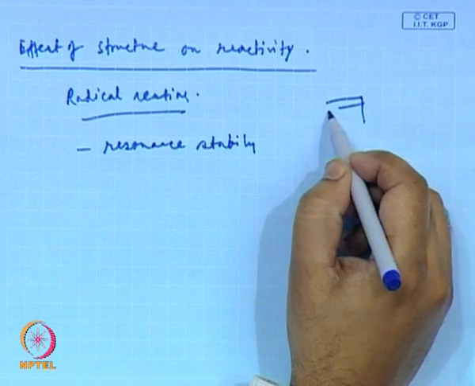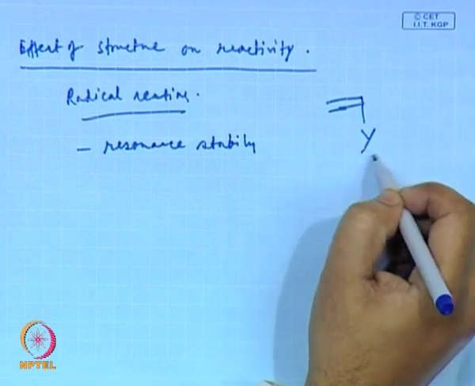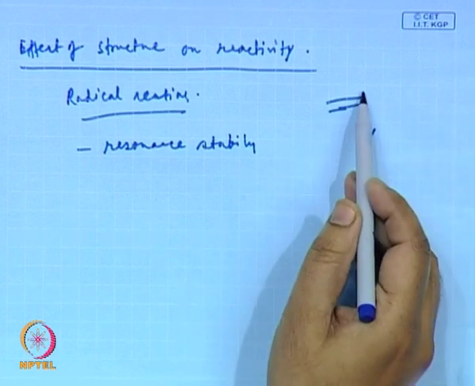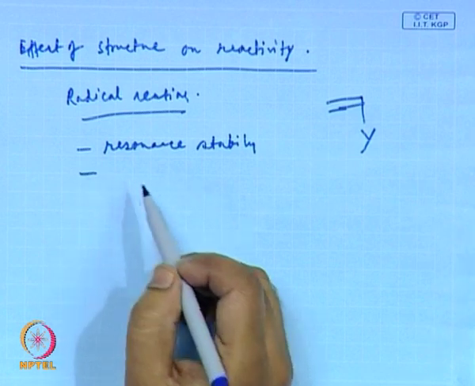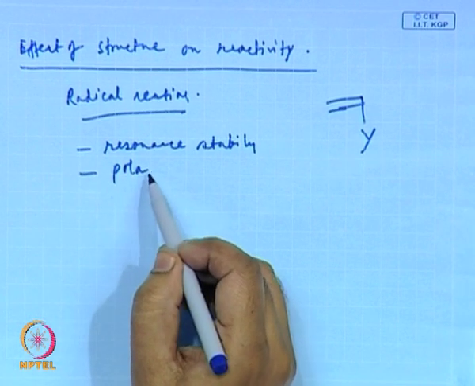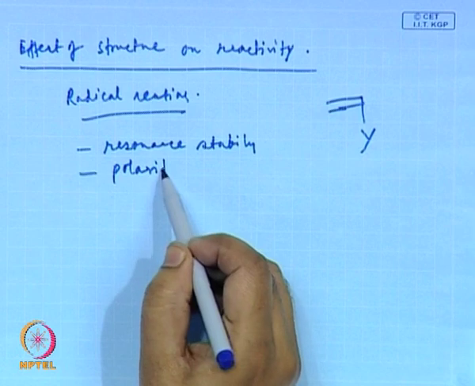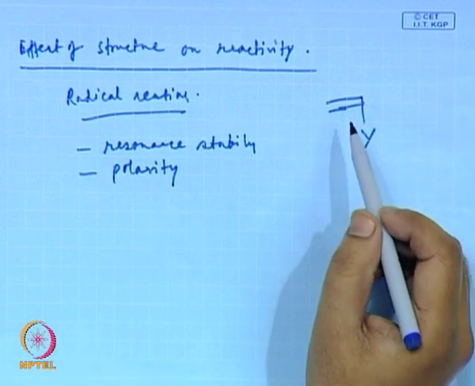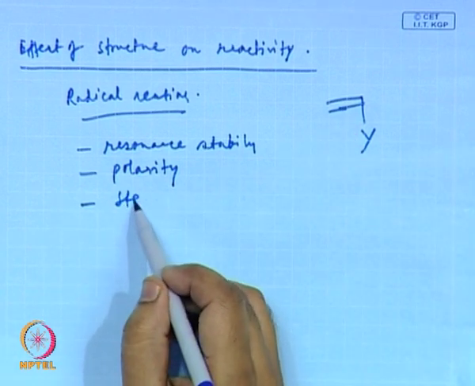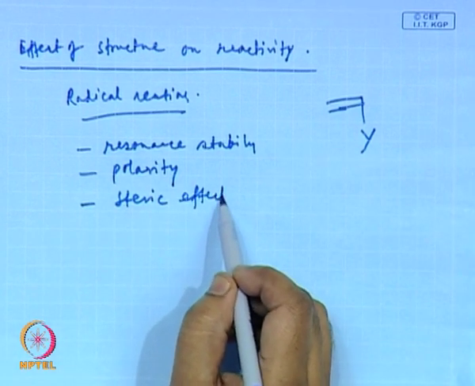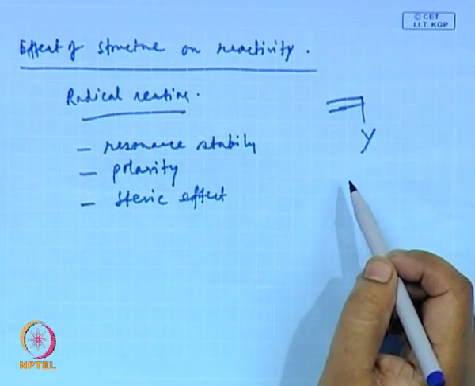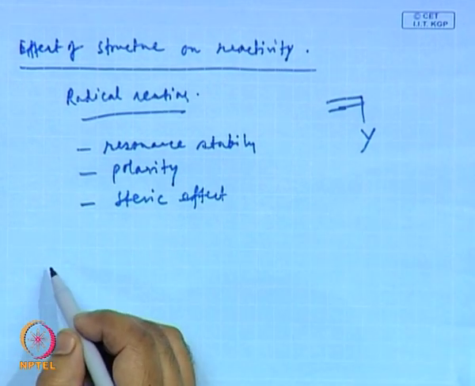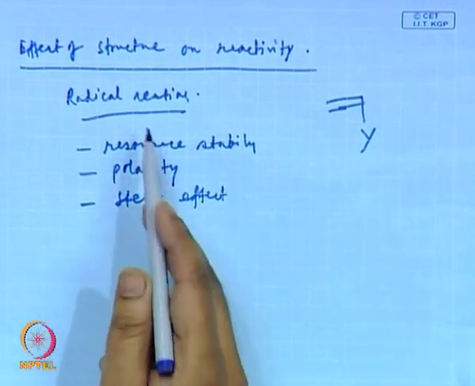If I talk about a monomer like this, it is the ability of the Y group to stabilize any resulting radical, then the polar effect, how this double bond is polarized, whether electron deficient or electron rich, and the steric effect of the substituent group.